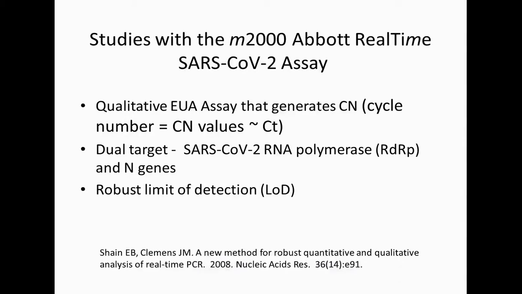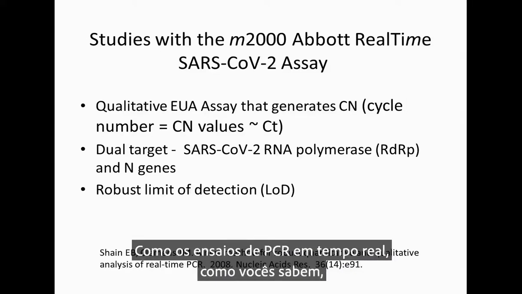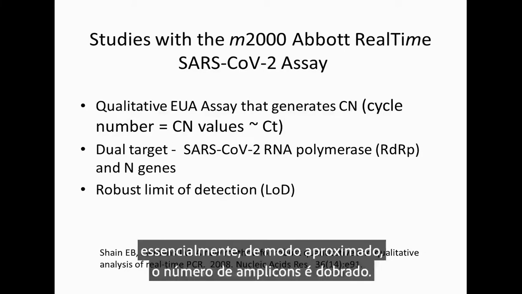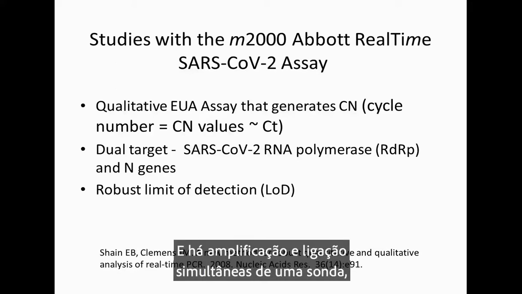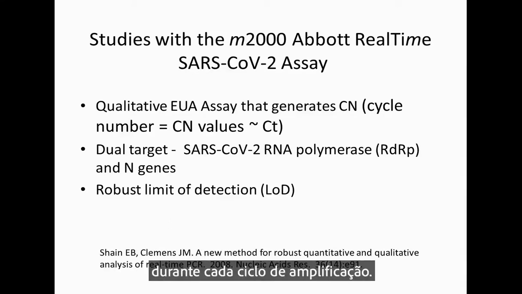results which can be used to understand quantitative performance of the assays, because real-time PCR assays, as you know, are inherently quantitative. During each amplification cycle, to some approximation, the number of amplicons is doubled, and there's simultaneous amplification and binding of a probe, and that probe's fluorescent signal therefore increases geometrically during each amplification cycle.